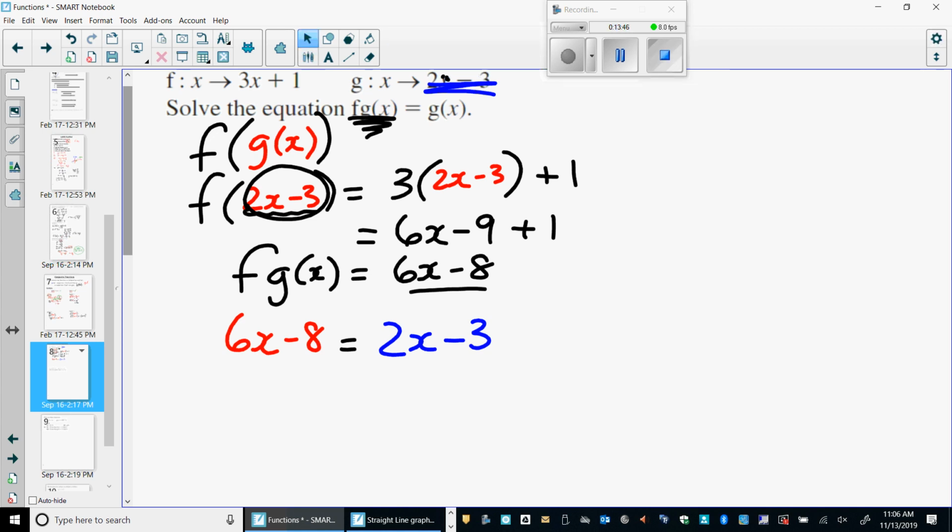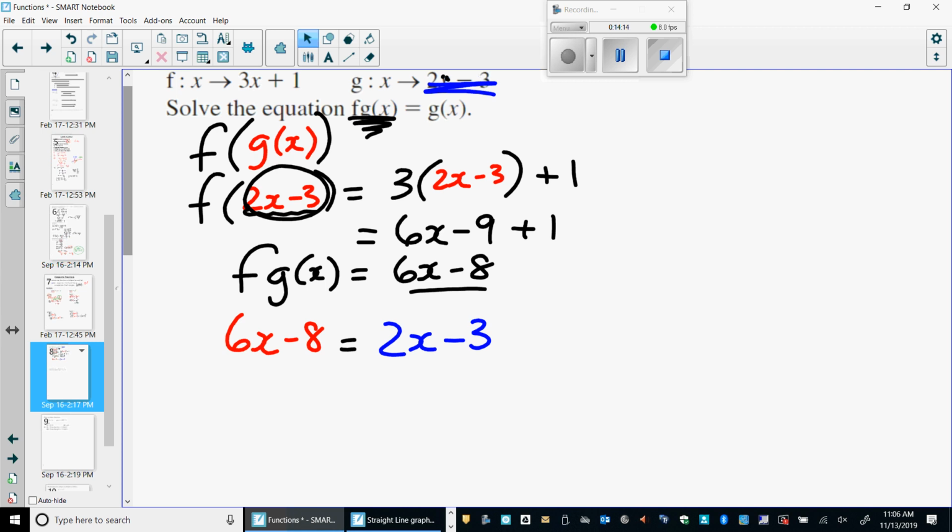Because it says solve the equation f(g(x)) equals g(x). So I've established what f(g(x)) is, and that has to be equal to g(x). So that's that side, and then we write it is equal to g(x). And now we're going to solve.